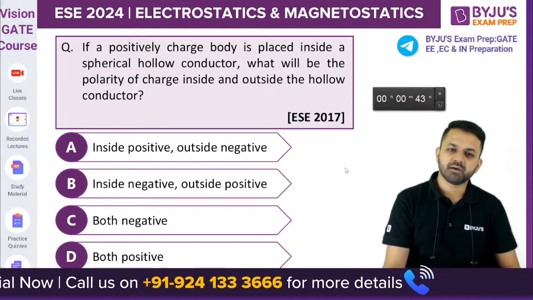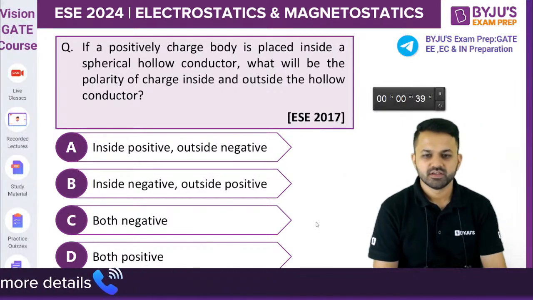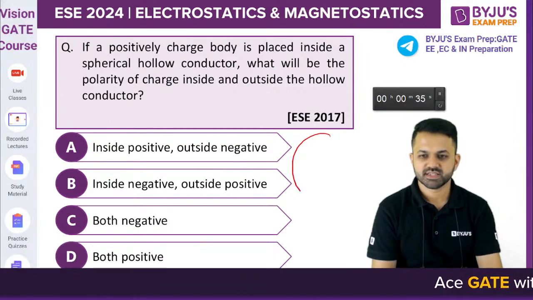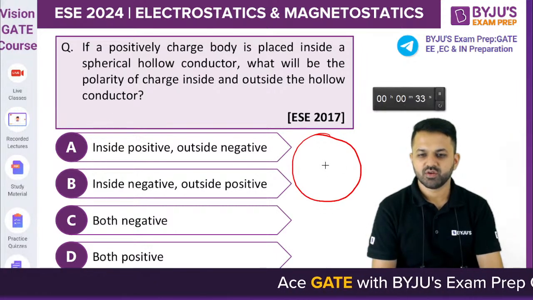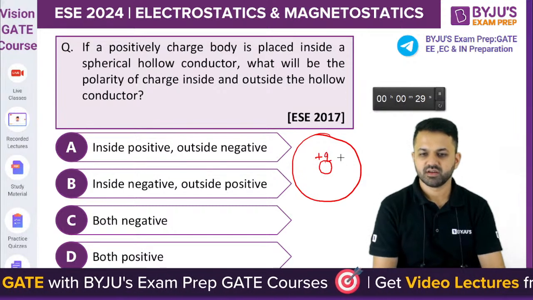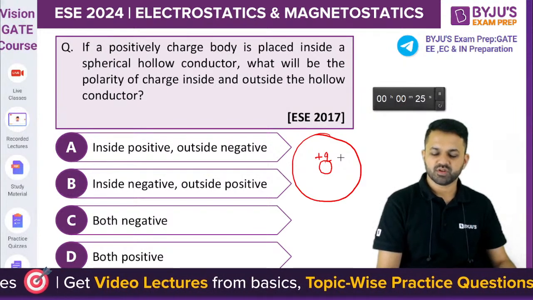We are keeping the positively charged body inside the hollow conductor. Suppose this is your hollow conductor, and you are putting a positive charge over here. Now give the answer.